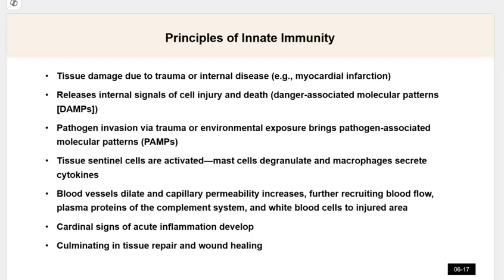Once the mast cells and the macrophages are doing their jobs, then the blood vessels dilate and permeability increases and the white cells are allowed to come to the area again, and then the cardinal signs of acute inflammation will develop, and then you will end up with tissue repair and wound healing. So these things are all really important to have happen so that we can get inflammation and bring the next steps together, so to speak.